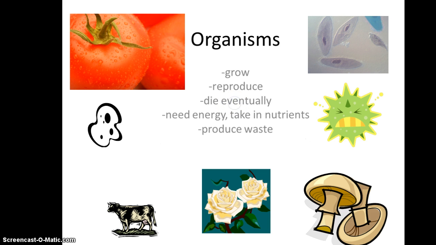They produce waste, and most importantly, our defining characteristic is that all living things are composed of one or more cells, and this is part of cell theory. So every single organism, whether it's microscopic or whether it's big, like a cow, is made of cells, one or more.